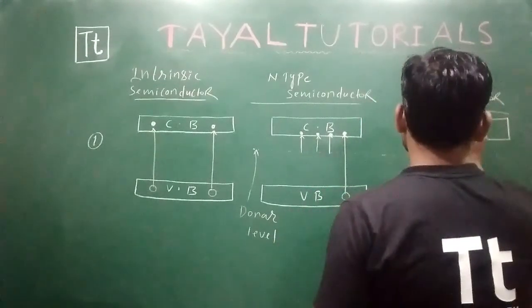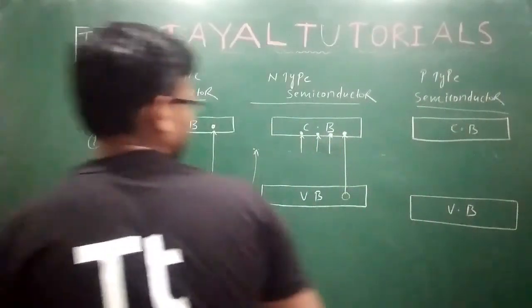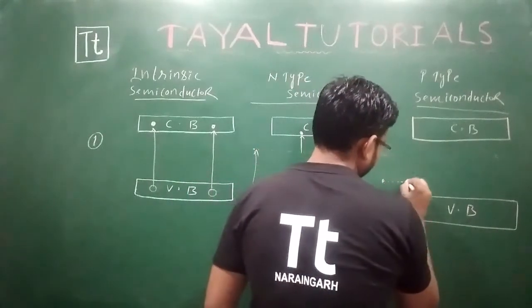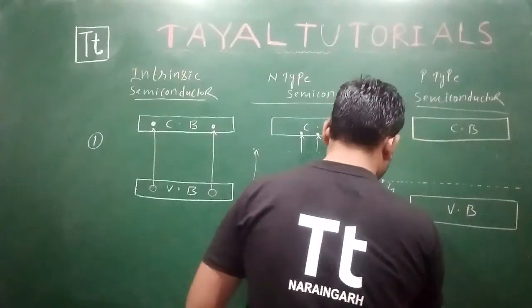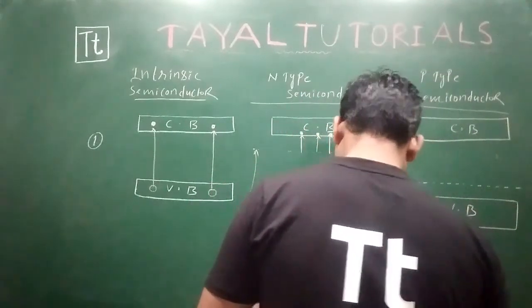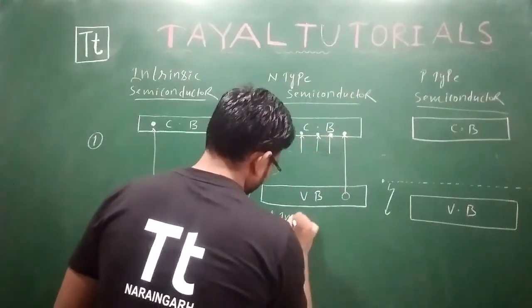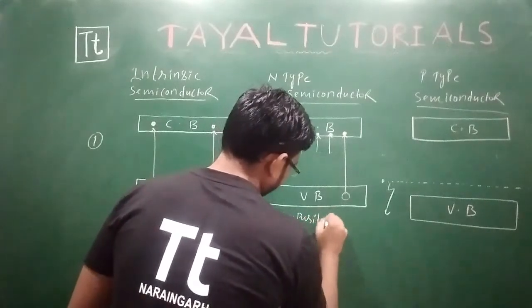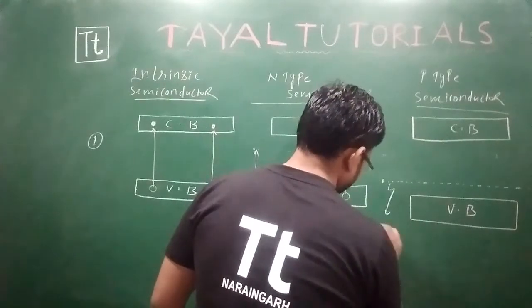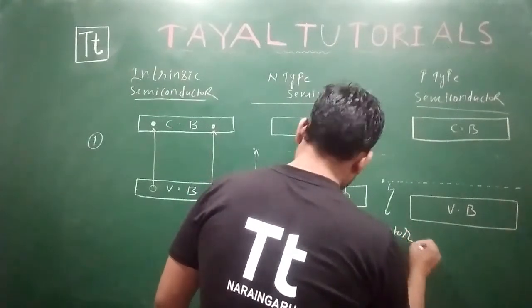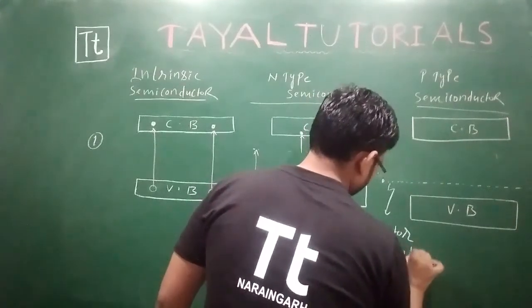Where the acceptor level will be somewhere here. We can write this acceptor impurity level here.